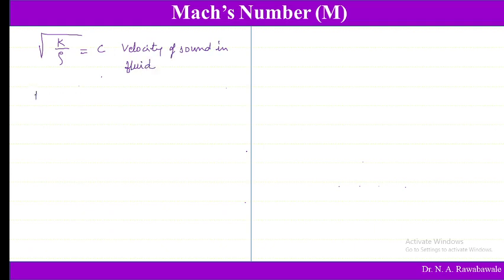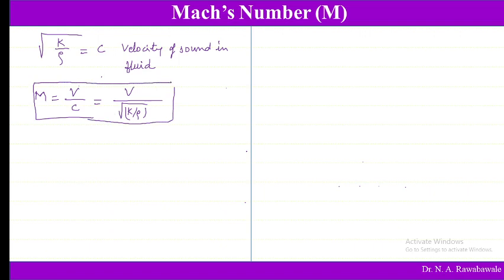Therefore this Mach number can be written as V divided by C. So Mach number is either given by V divided by square root of k divided by rho, or V divided by C, where C is the velocity of sound in fluid.